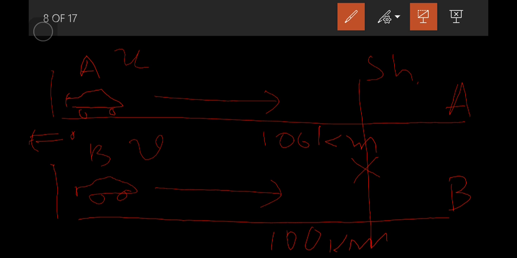If car A has more speed than car B, then we take u minus v, because they are running in the same direction, and they meet at some point after 5 hours.